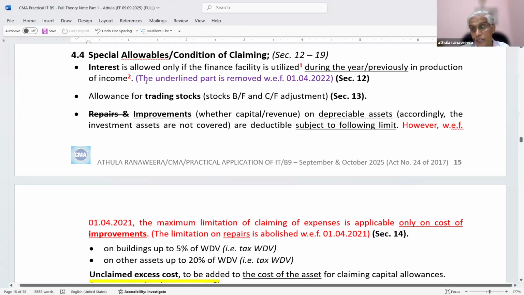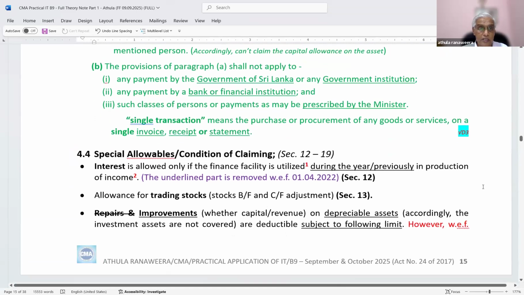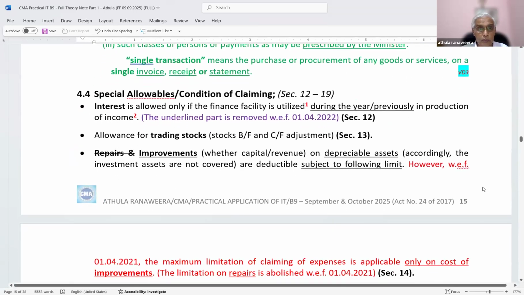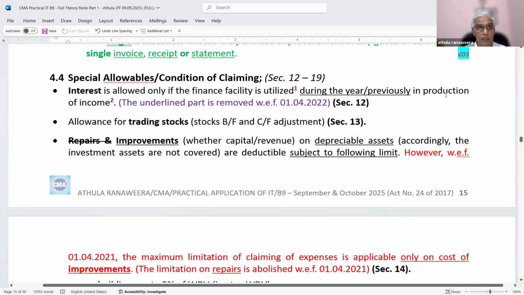There we said interest is allowable under section 12. Interest is allowable only if that particular loan is utilized for the business. If it is not utilized for the business, that particular interest is not allowable.